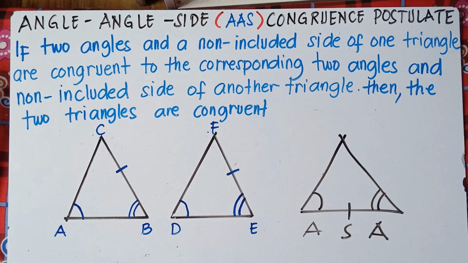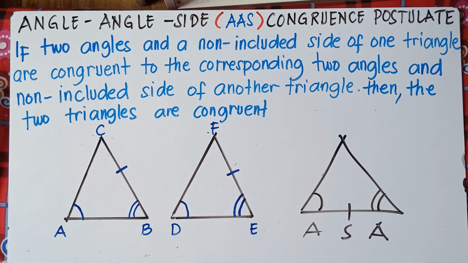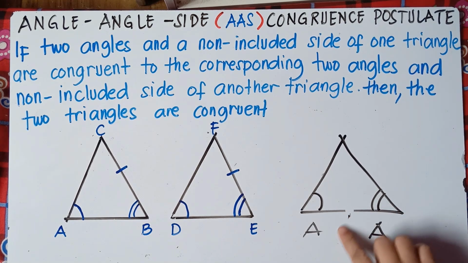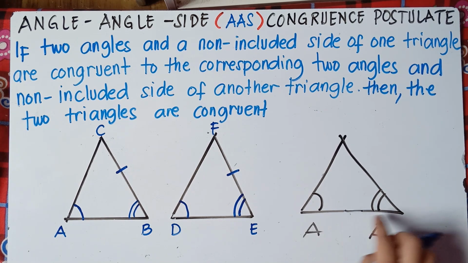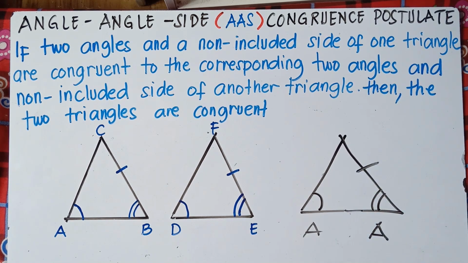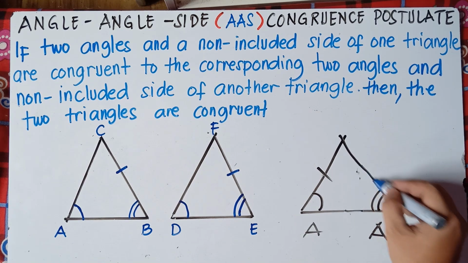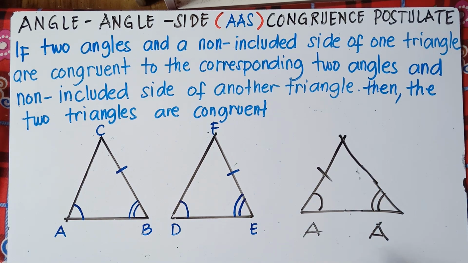But in AAS, this side must be outside of these two angles. It could be here or it could be here. It should be outside of the given two angles.